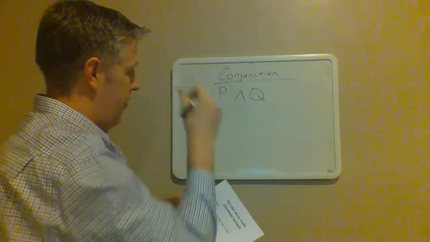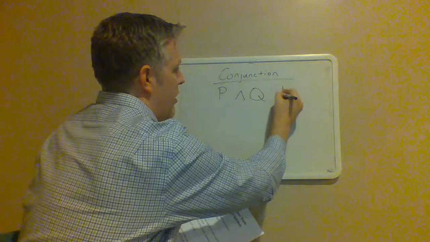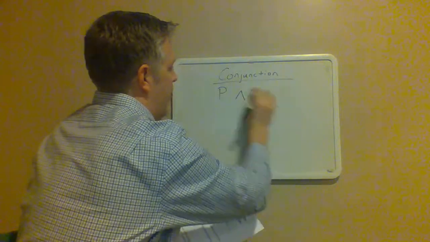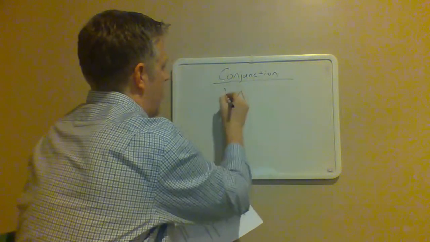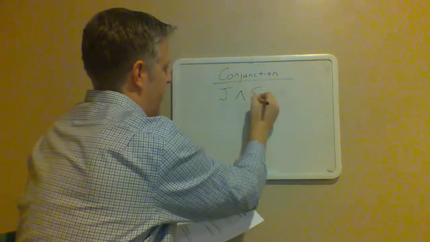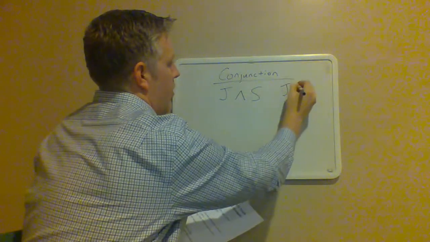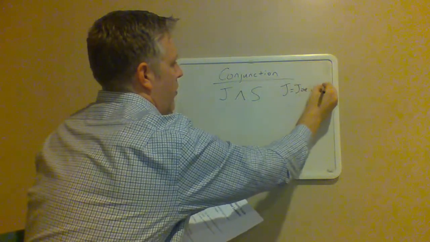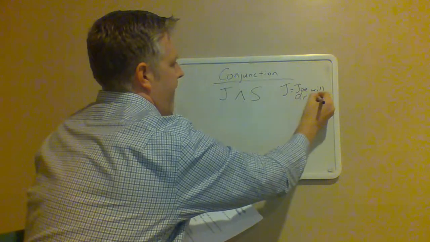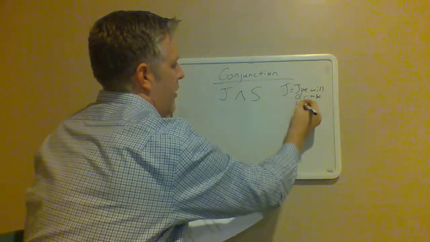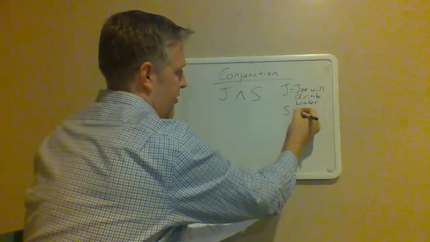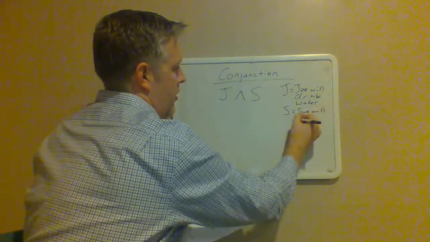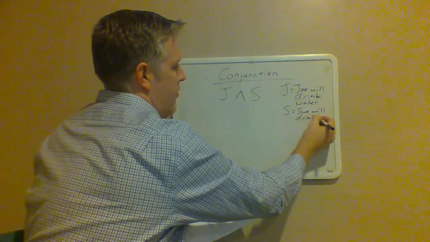So, for example, Joe will drink water. Here, let me change these because I have a certain example on my sheet. J and S. J will stand for Joe will drink water, and S will be Sue will drink juice.